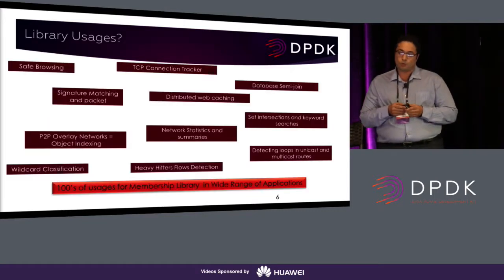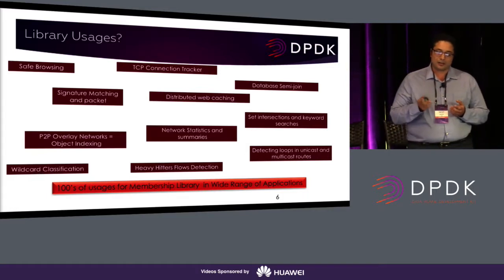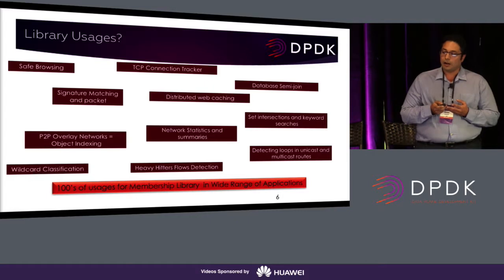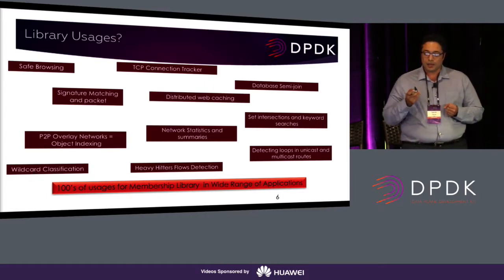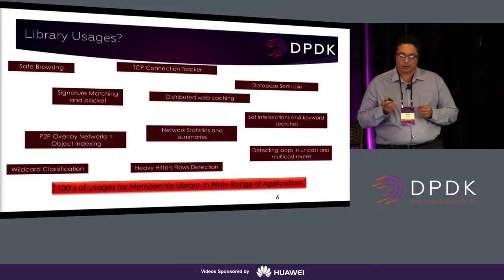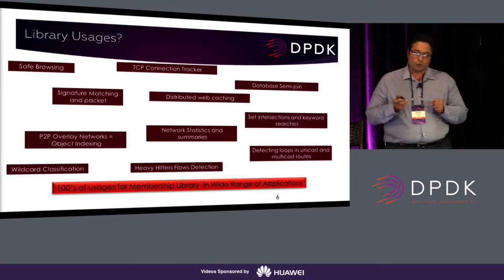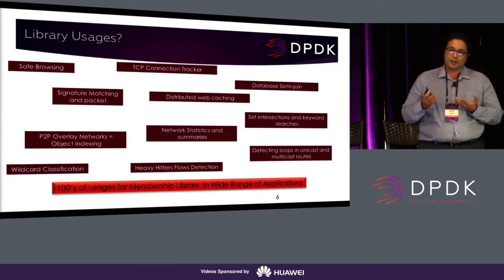So what kind of usages can you use this library in? There are hundreds of usages you can think of, from flow tables to web caches to databases. A lot of workloads will have a huge number of keys or flows, and you want to answer the question whether this key is new or not very quickly.